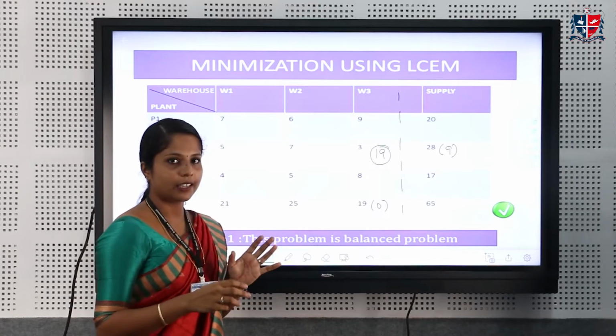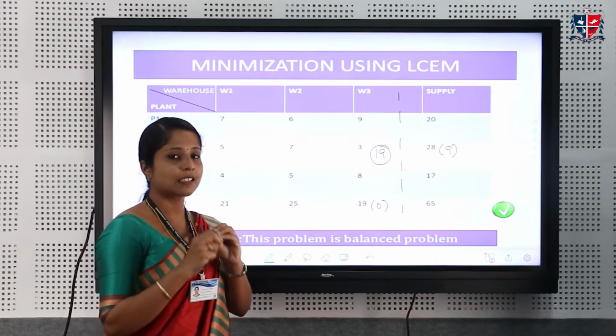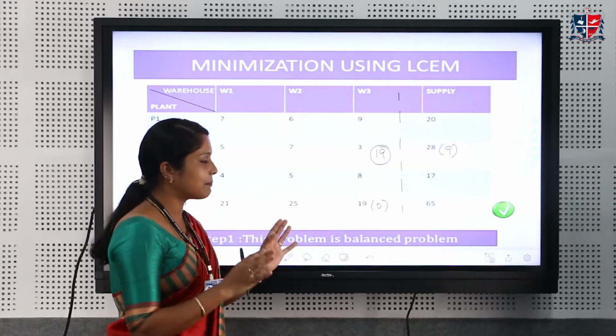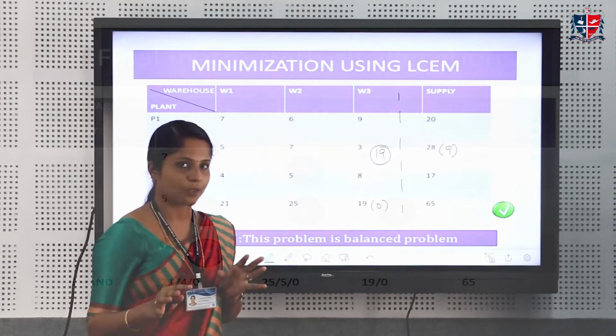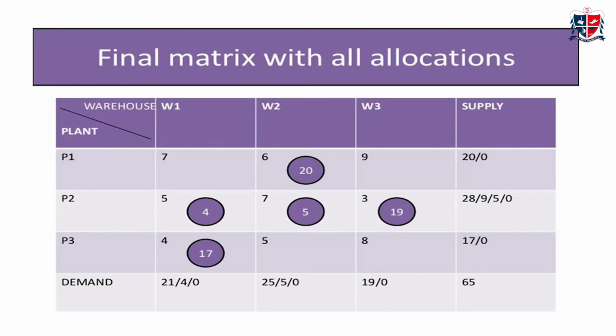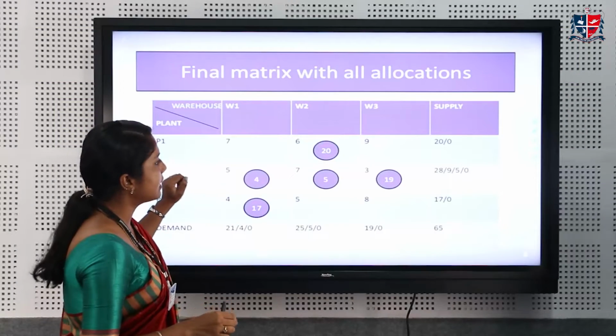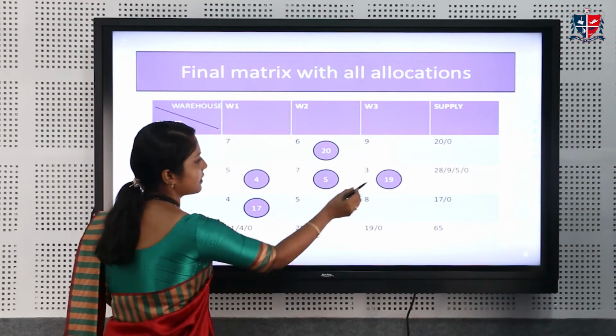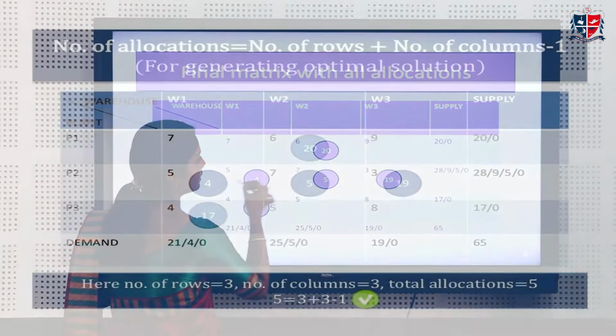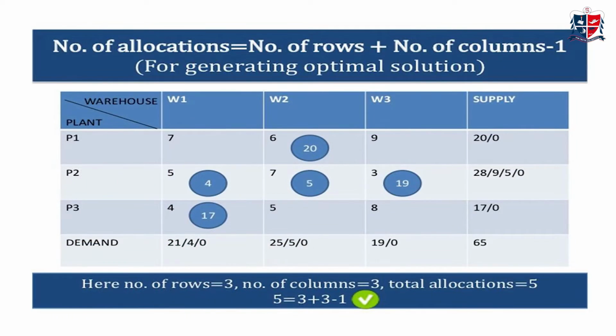In this way we have to allocate the quantity of demand and supply till the demand and supply are completely exhausted. The final matrix after making all allocations is like this.